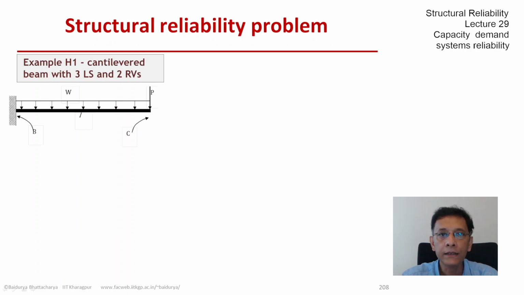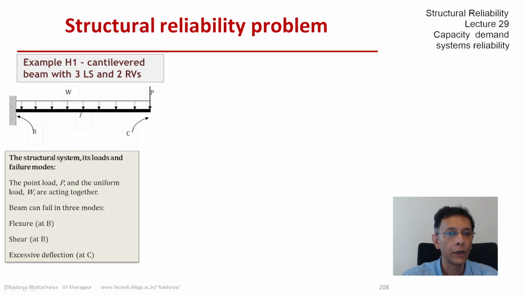The free end is C, where there is a point load P. W is the uniform distributed load, and we would like to look at bending failure, shear failure, and excessive deflection failure. Now, our knowledge of mechanics tells us that if bending failure has to occur, it is most likely to occur at the fixed support B, because that's where the highest bending moment occurs under this sort of load.